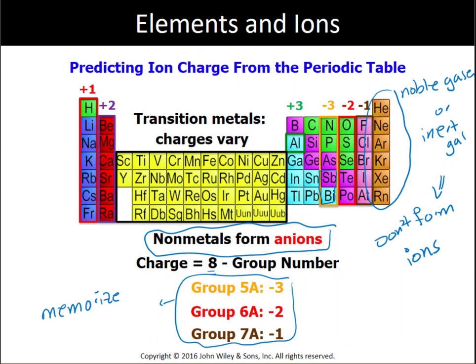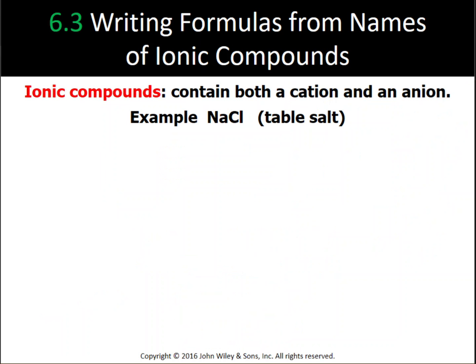So let's see how we can form ionic compounds by putting a cation and anion together. Ionic compounds are compounds that contain both cations and anions. So basically, ionic compounds are composed of a metal and a nonmetal, because your metal is going to form the cation and the nonmetal forms the anion.